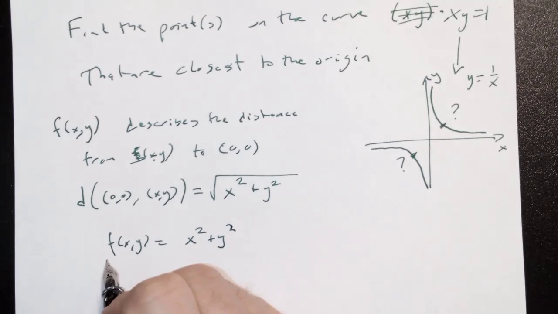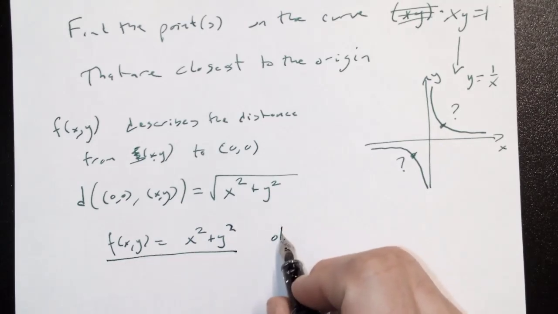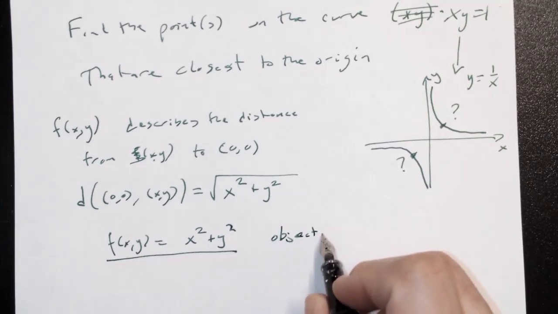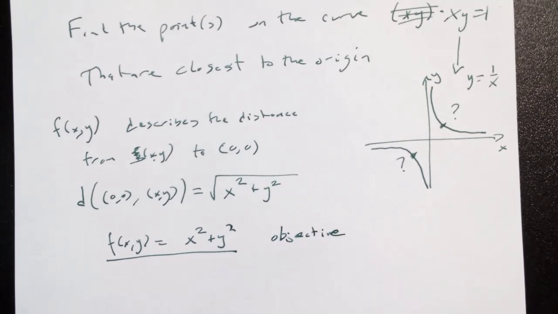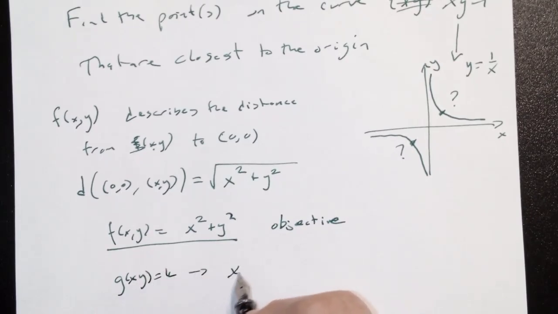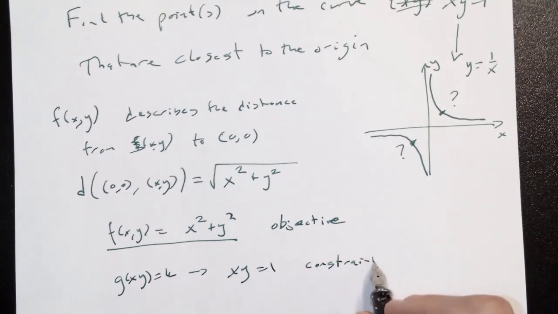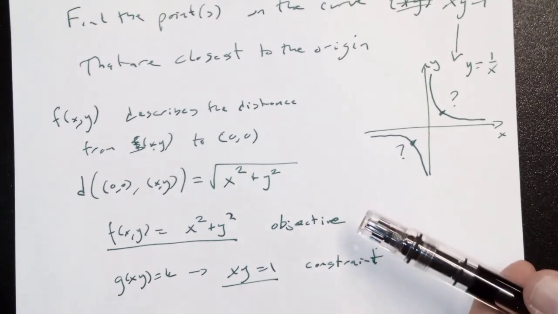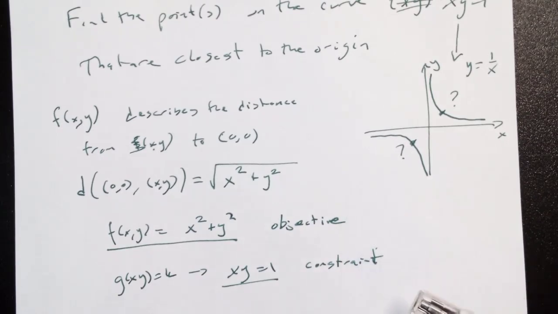So now I have this function, the objective, the thing I want to find the maximum of, and I have a constraint. And now my goal is to maximize the objective subject to my constraint.